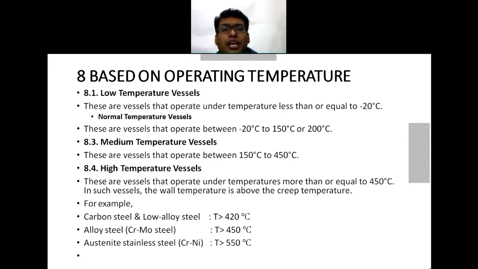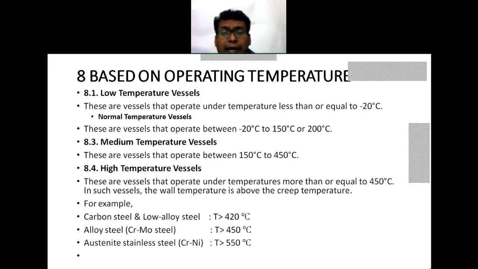So that can be low temperature vessels, that is below minus 20 degrees Celsius, and then normal temperature vessels, that is minus 20 to 150 degrees Celsius, which is considered the normal temperature range. Then the medium temperature range, that is 150 to 450 degrees Celsius.